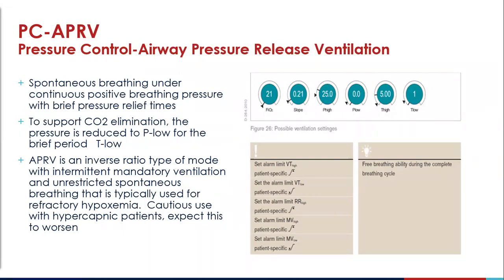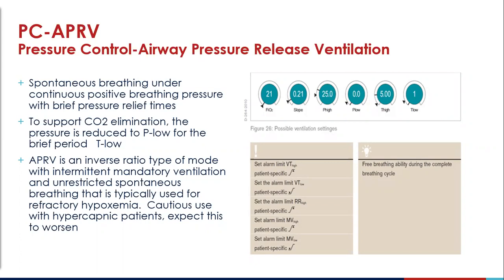APRV is an inverse ratio type of mode with intermittent mandatory ventilation and unrestricted spontaneous breathing that is typically used for refractory hypoxemia. Cautious use with hypercapnic patients; expect this to worsen.